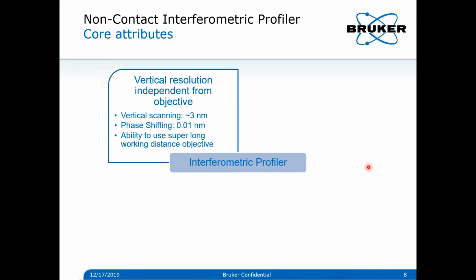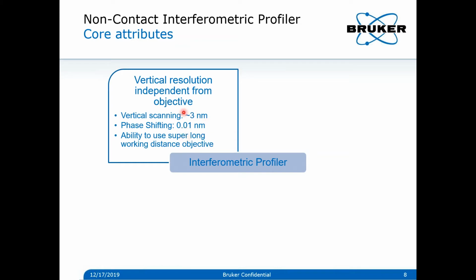This is very important because, among all optical profiler types of microscope, this is the sole technique which allows a vertical resolution independent from the chosen objective. So we can use either 1x objectives all the way to 115x objectives, and we will always get the same vertical resolution.